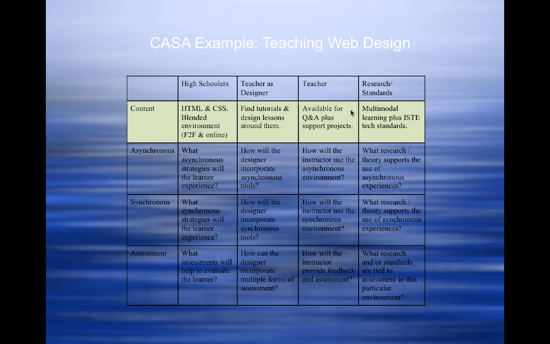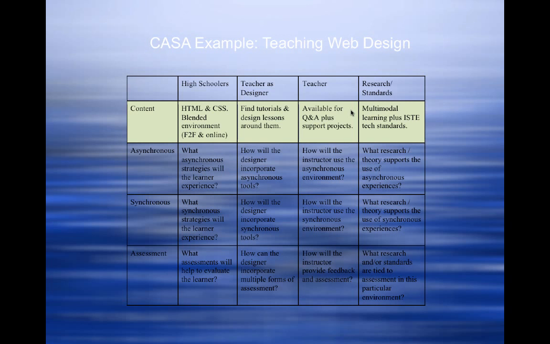So in the CASA model, if we're talking about teaching web design, if our learner target is high schoolers, if we look at that first column, first row, what do the high schoolers need to know in order to learn web design? So that's going to be our first understanding. In this particular area, we're going to be teaching them the more technical approach to web design.